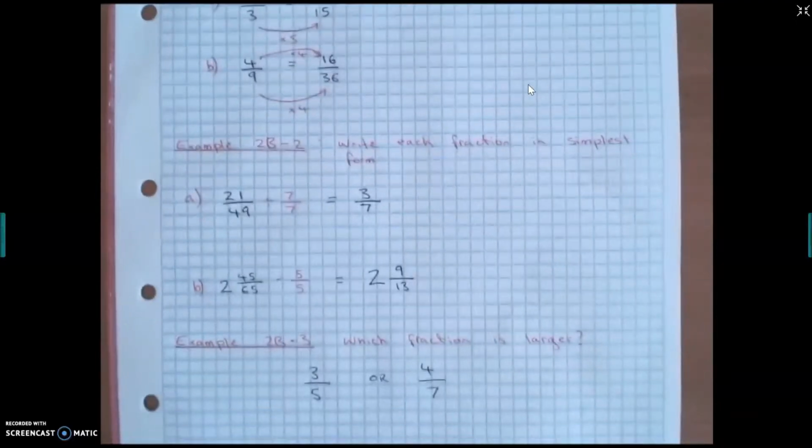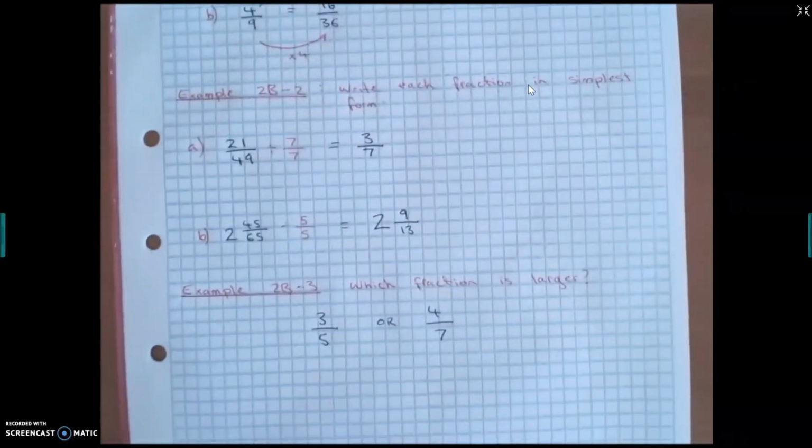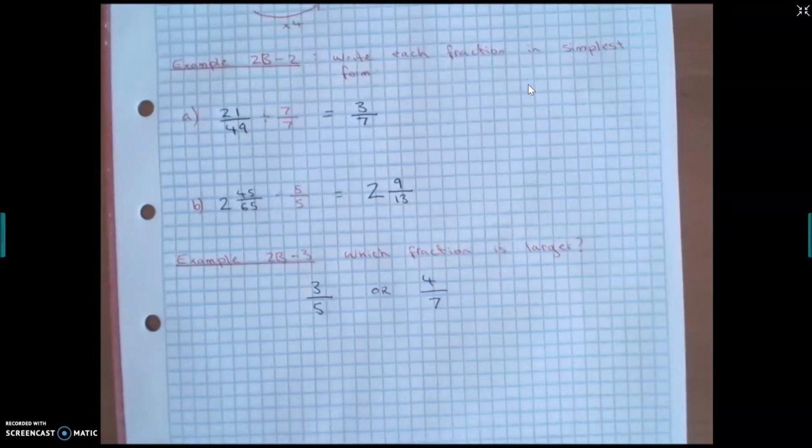Okay, in example 2b3, they would like us to determine which of those two fractions is larger. Because we have different denominators in this situation, it makes it difficult to look at those two fractions and determine which one's bigger or smaller.